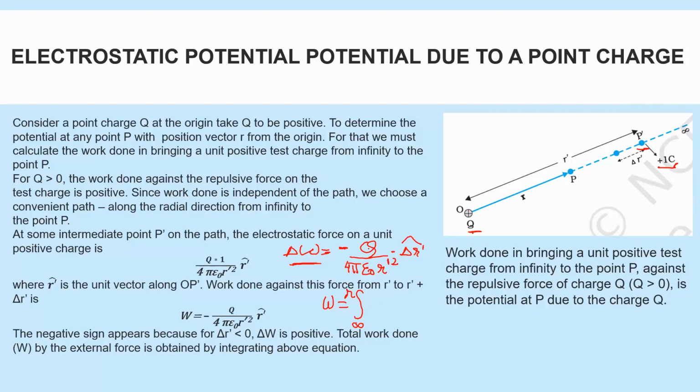So you have to integrate this equation from infinity to R, and then you will get the work. This is going to be del, and then you integrate this with the minus.